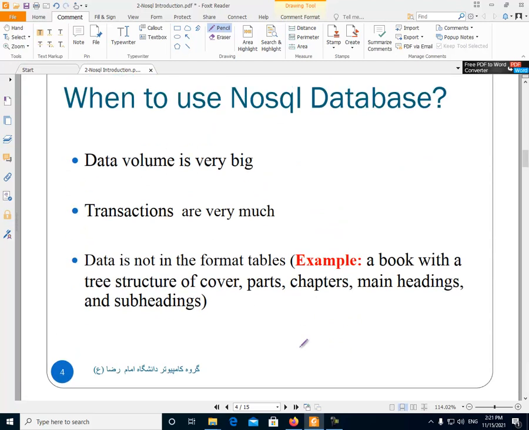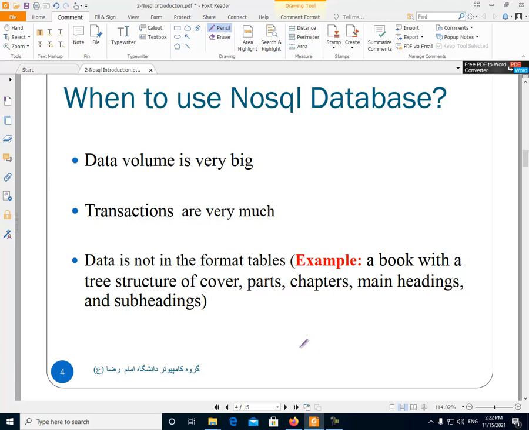When do we use the NoSQL database? This is very important. When the data volume is very big, this is one reason we may use a NoSQL database. The second reason is when the transactions are very many; transactions mean the operations on the data. When the operations on the data are very high, we use the NoSQL database.